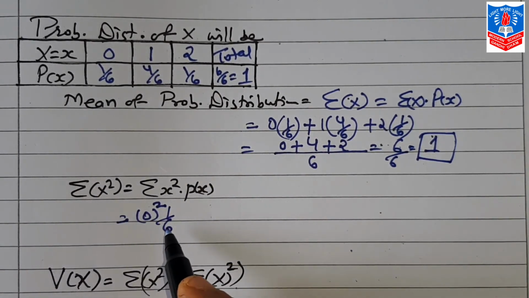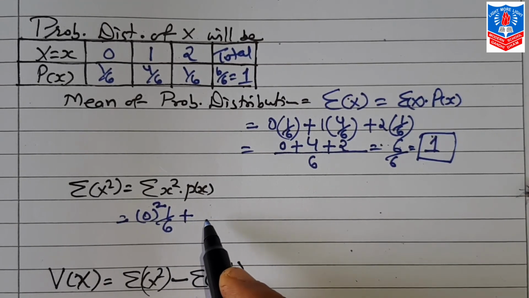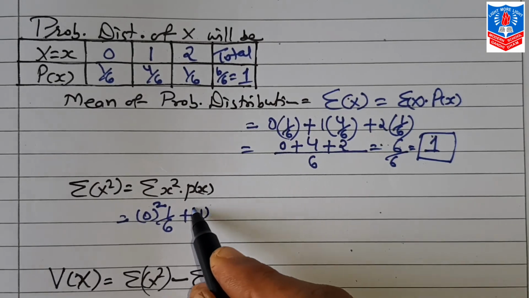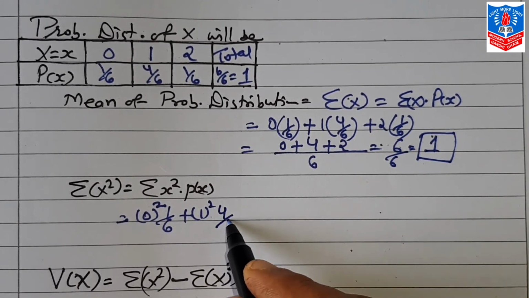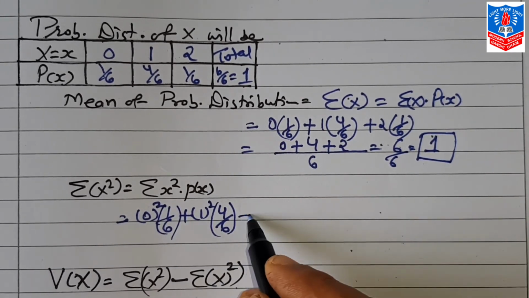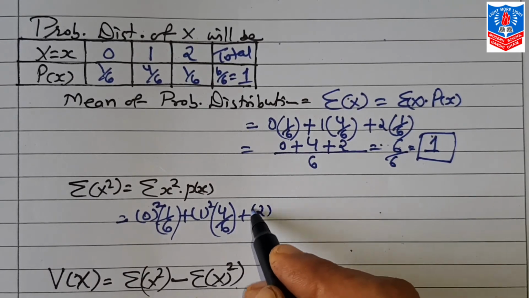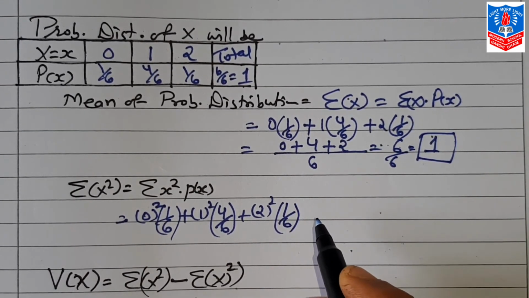Of course it will be 0, but we will show this. Plus 1 square into 4 by 6 plus 2 square into 1 by 6.